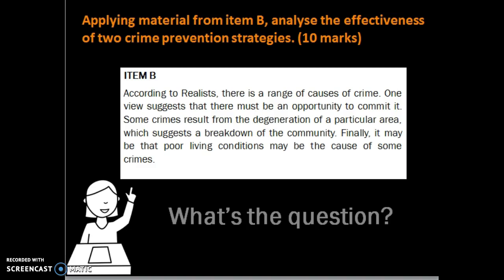A couple are from the right realist and one is from the left realist. You've got opportunity, linking into rational choice; the degeneration of a particular area, linking into broken windows theory; and then poor living conditions, leading to the left realist. You've got to basically say what the crime prevention strategy is and whether it is good or not.